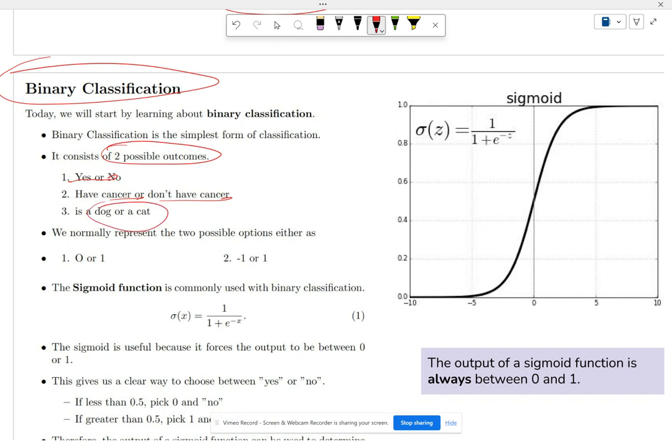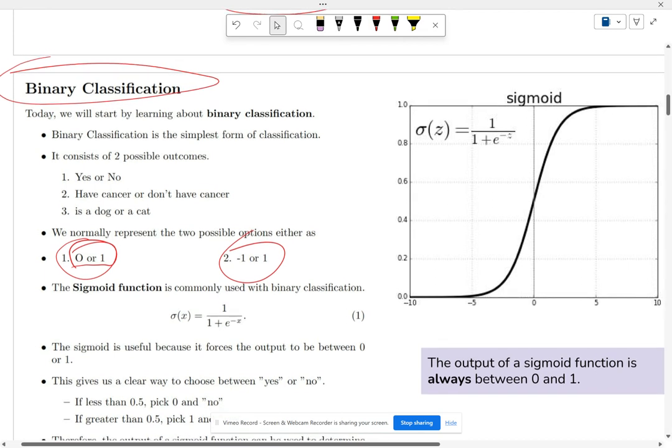The way we represent them is either 0 or 1, where 0 is the first category and 1 is the second category. Another way we like to represent the labels is -1 and 1. In either case, it's just two options.